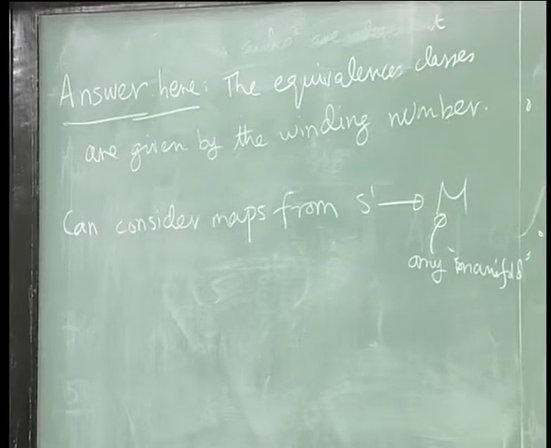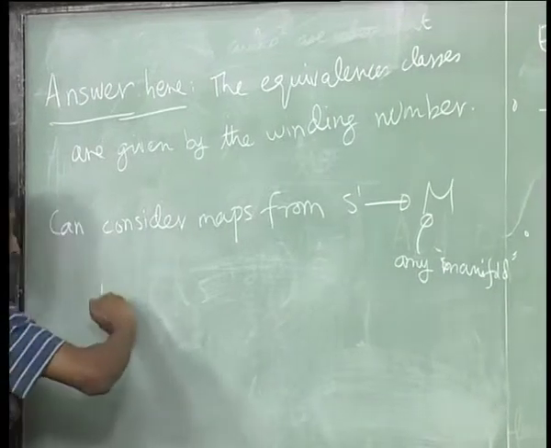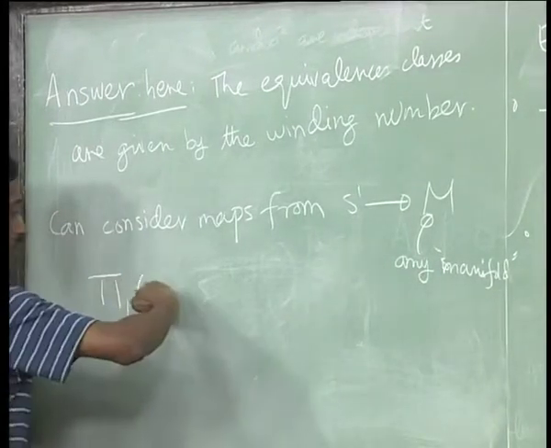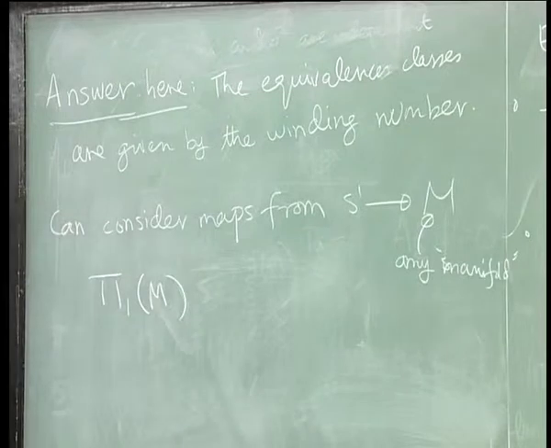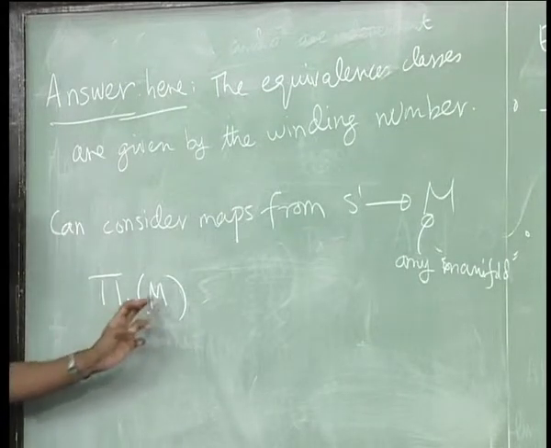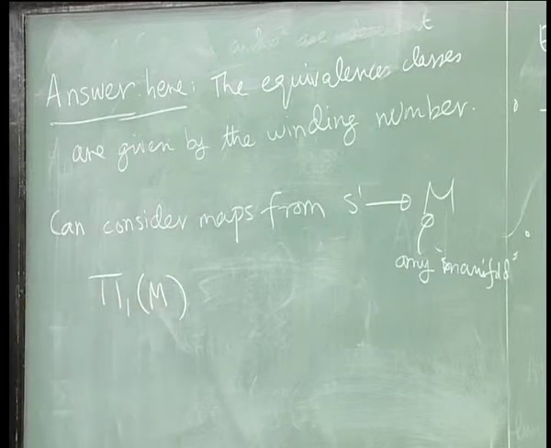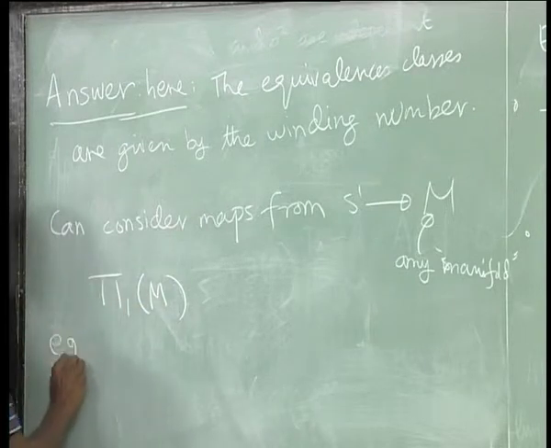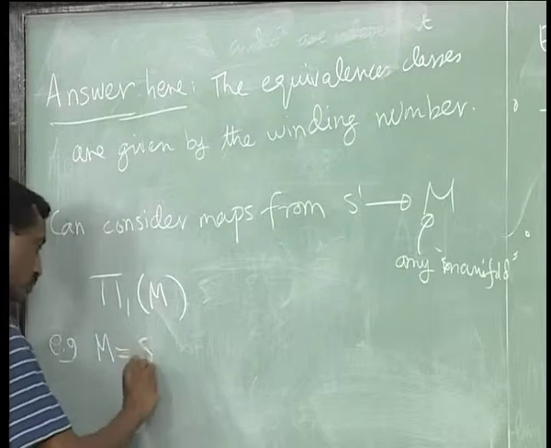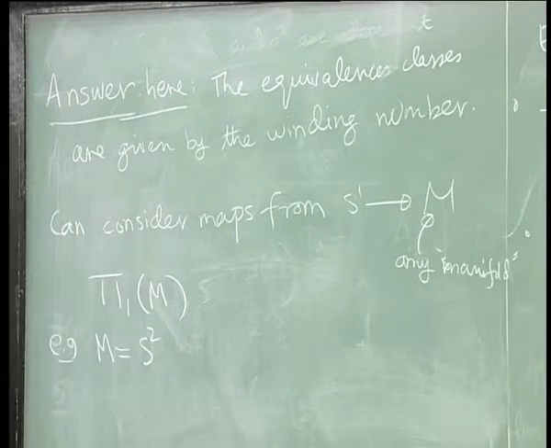If you define the set of equivalence classes of maps from S1 to a space M, you call it pi 1 of M. A nice second example would be to take M to be S2, that is a sphere.